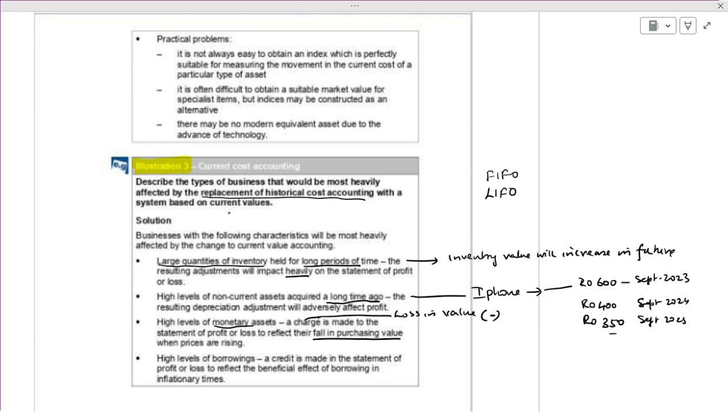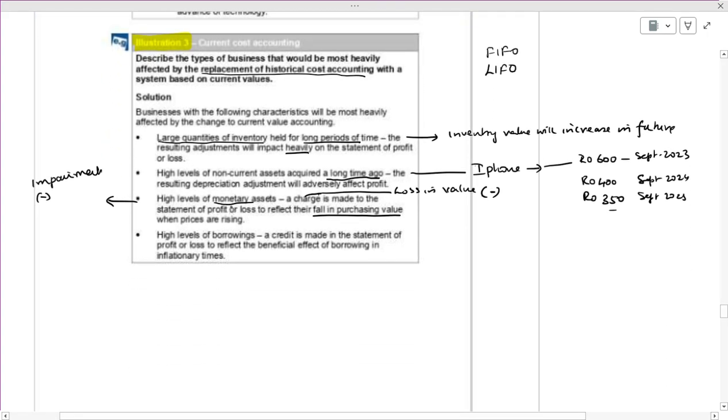Any loss in value, we have to reduce it. Okay, in the simple case, I am not taking impairment. I'm not saying that this is related to impairment. What we will do is make it minus.